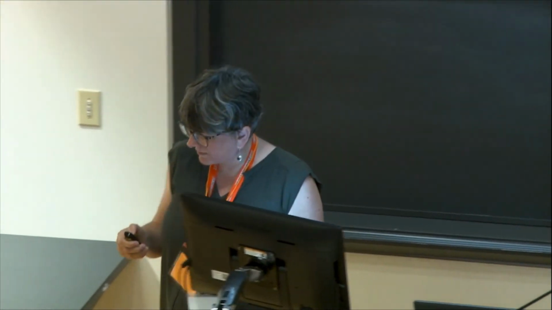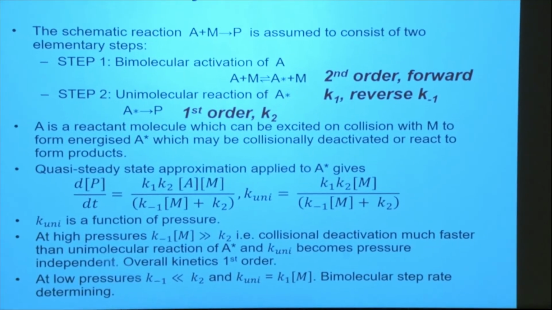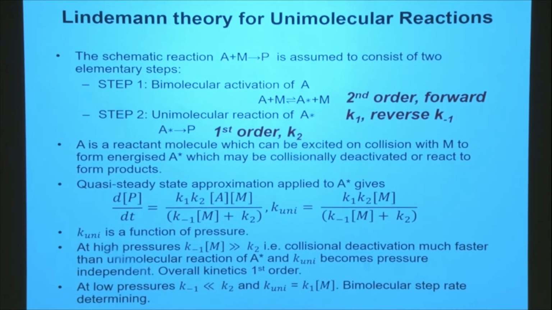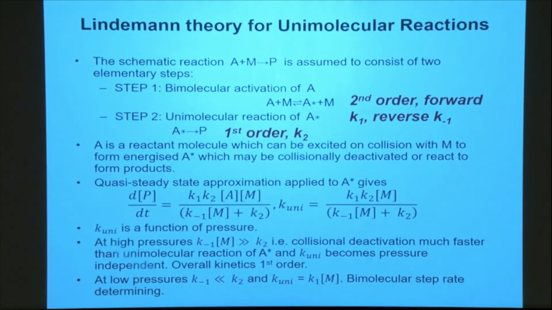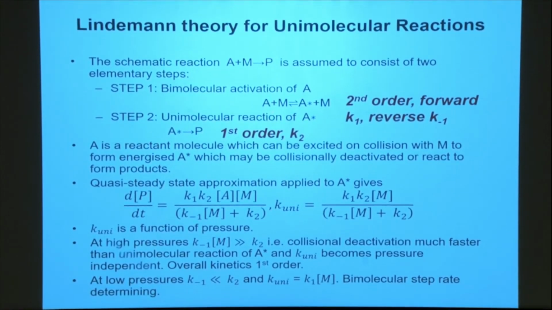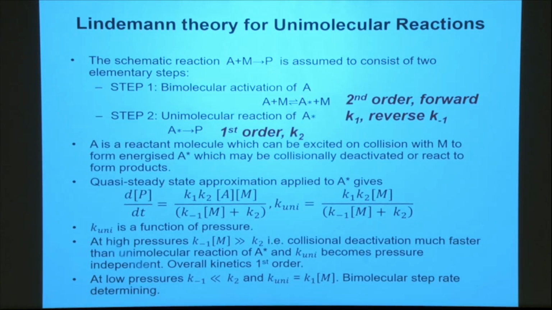Some of this might repeat what I said yesterday, but if we go through the theory for pressure-dependent reactions, the starting point would be Lindemann theory for unimolecular reactions. So here we've got the activation of our reactant A through collisions with our third body M, and that reaction is reversible and second order.